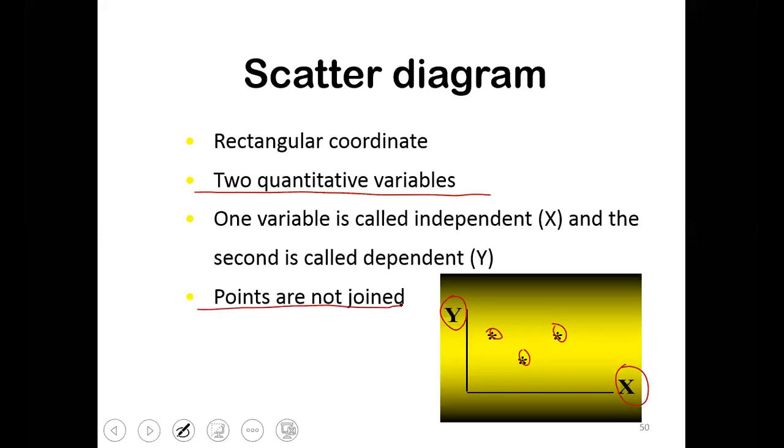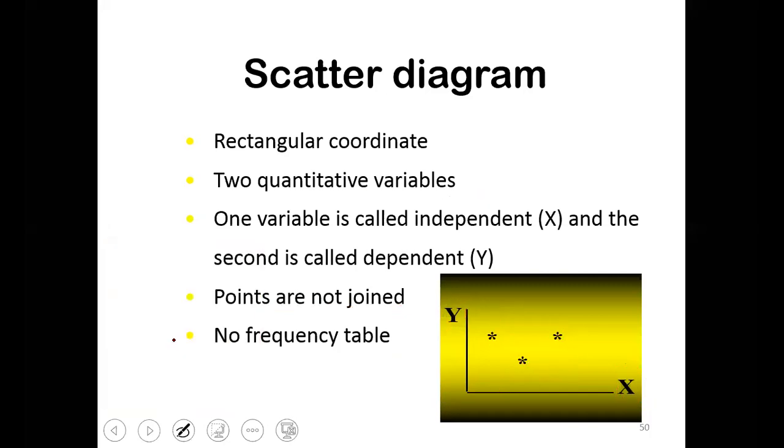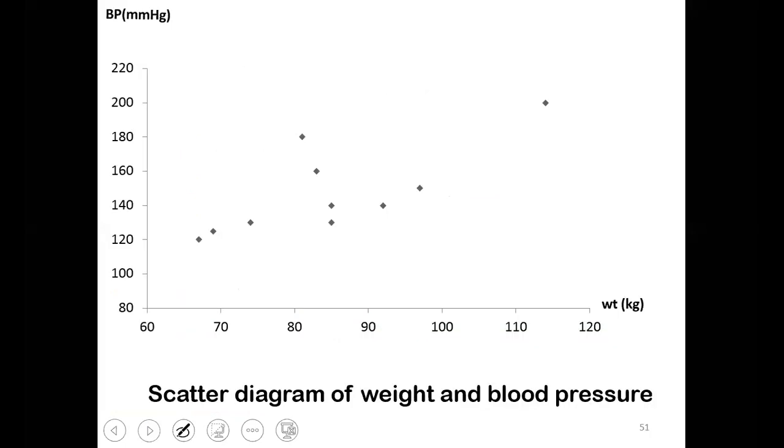You should not join the points. If you join the points, that is totally wrong. And this is not a frequency table. Sometimes for a given X value, there may be other data points, so you can't simply add all these values and make a frequency table. You have to plot them as they are, as coordinates.